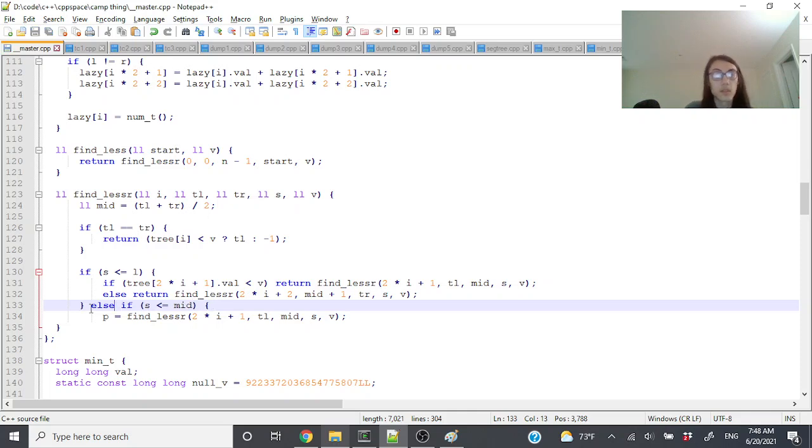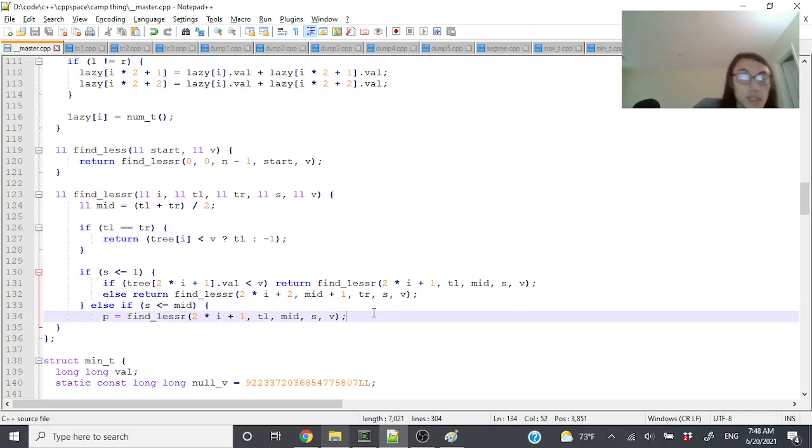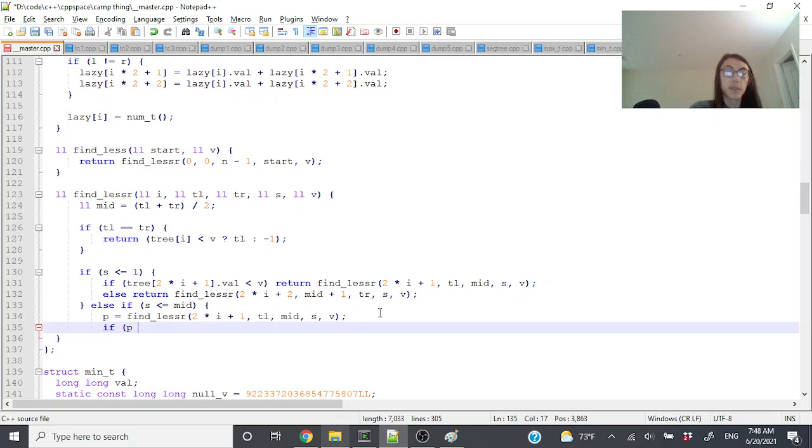Else, if s is less than or equal to mid, we try going left. By the second tree analysis, this doesn't happen at all. Now, if we find something here, and there's no reason to go right, if p is not equal to -1, return p.